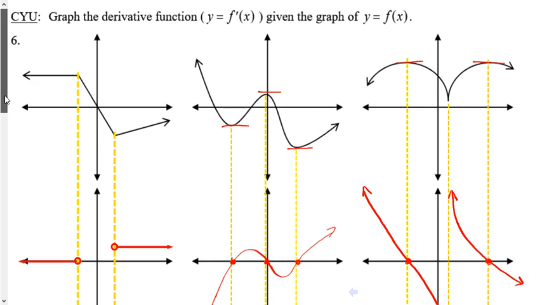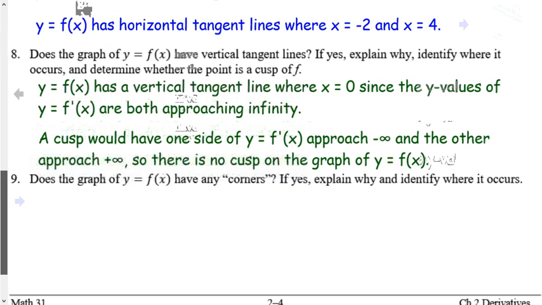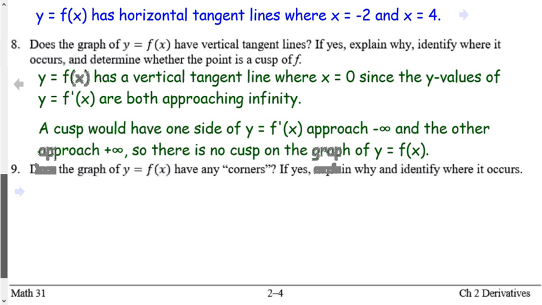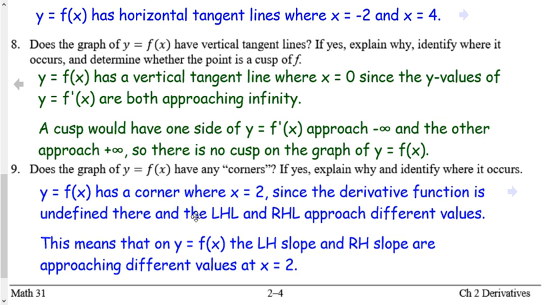Question number 9. Does the graph of the original have any corners? And we want to explain. So here we say the function does have a corner where x is equal to 2 because the derivative function is undefined there and the left and right hand limits are approaching different values.